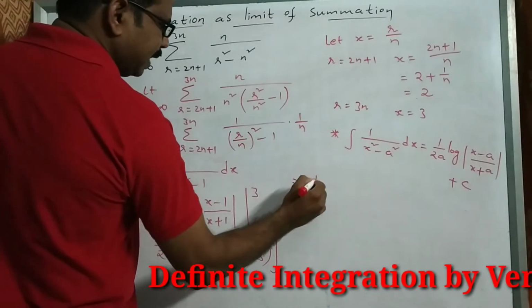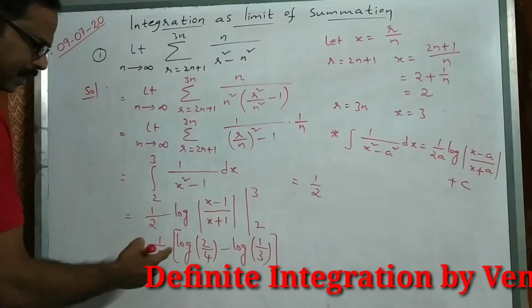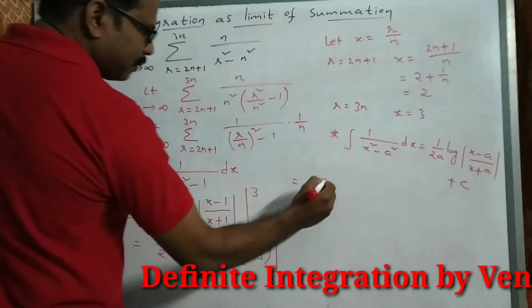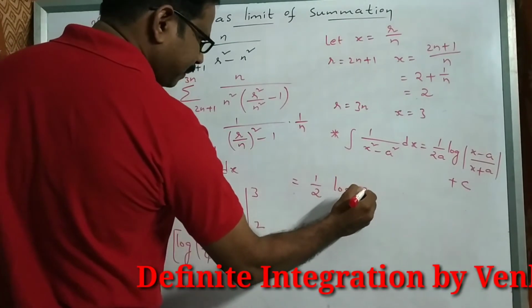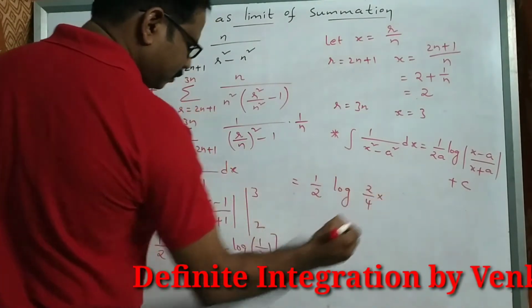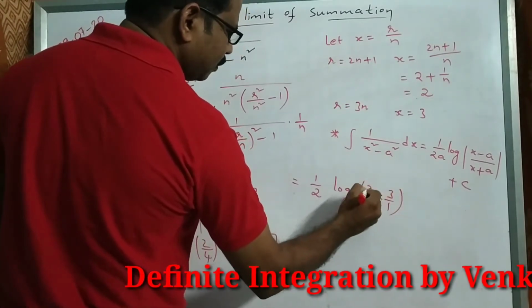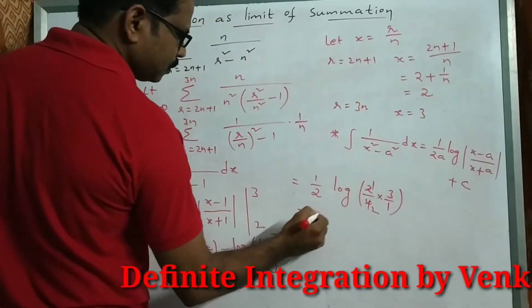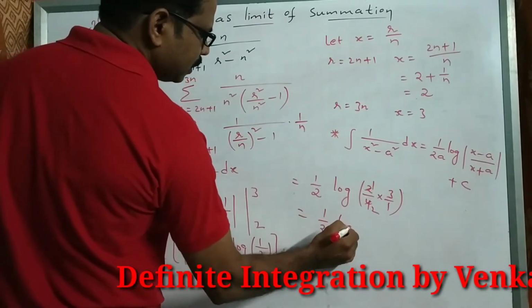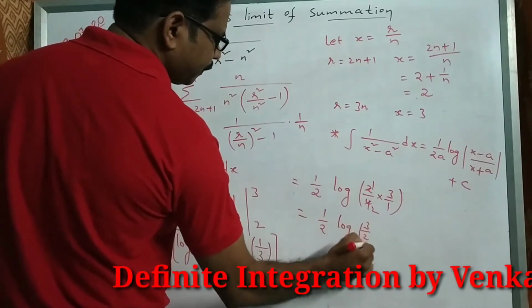So this can be written as 1 by 2. It looks like log a minus log b, I can write log a by b. 2 by 4 into 1 by 3 becomes 3 by 1. Right? 2 ones, 2 twos. So 1 by 2 log 3 by 2.